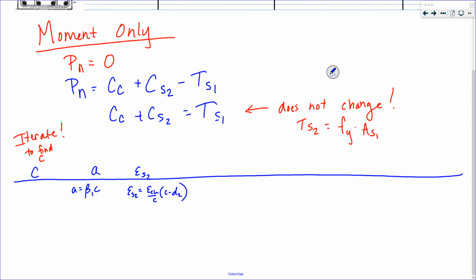I'm gonna skip the stress. C sub C is 0.85 F prime C A B. My steel is, let's see, the stress, right, E times the strain minus 0.85 F prime C times the area of my steel.